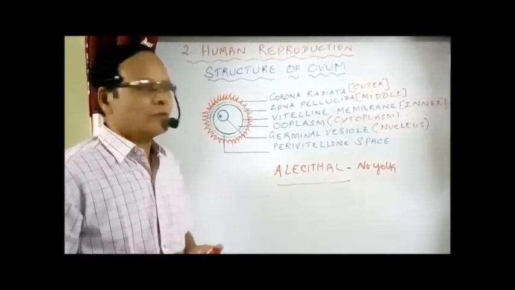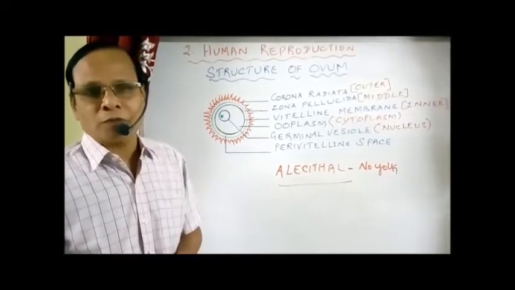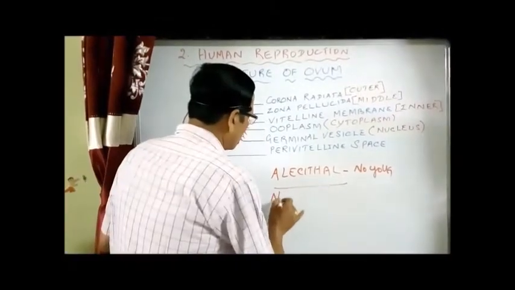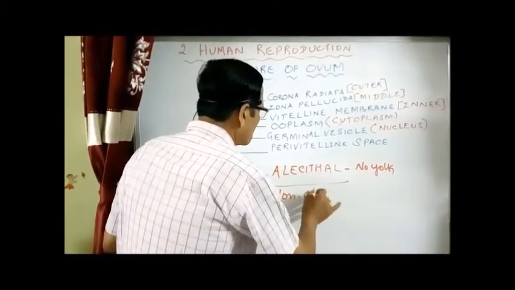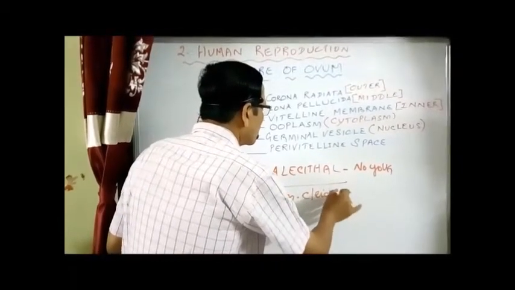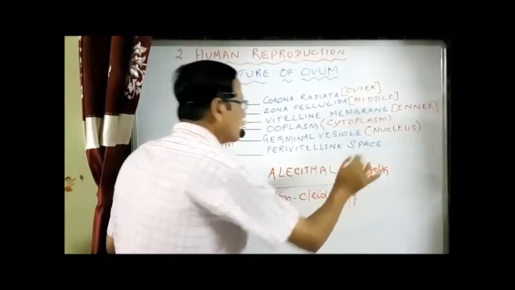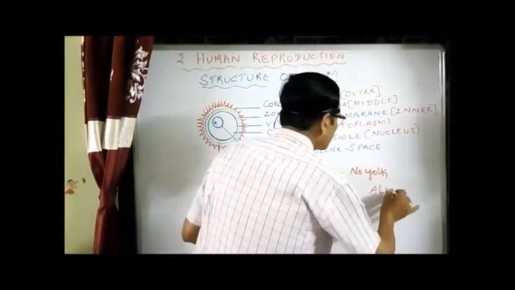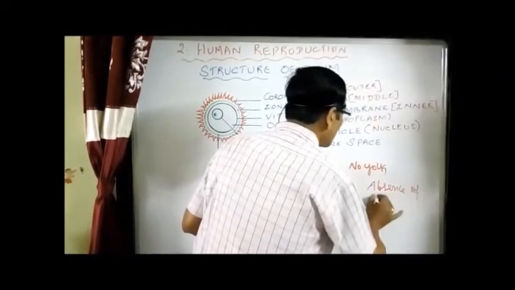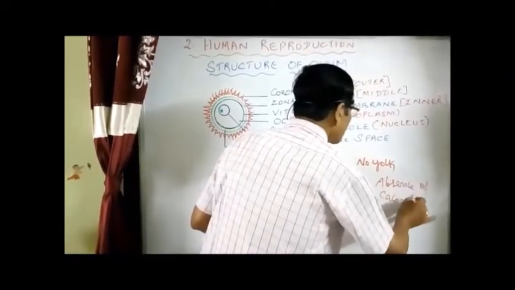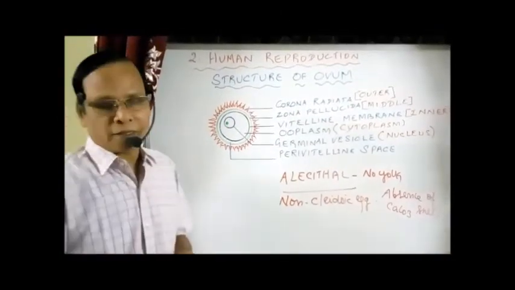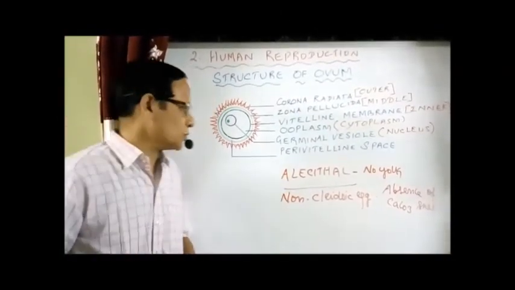But in the case of the human egg, no calcium carbonate shell is present, hence it is called a non-cleidoic egg, meaning absence of shell. That's why the human egg is called a non-cleidoic egg, including those of other mammals also.